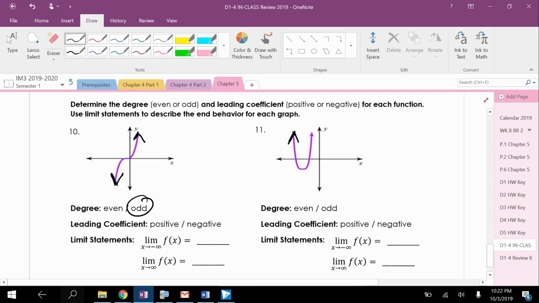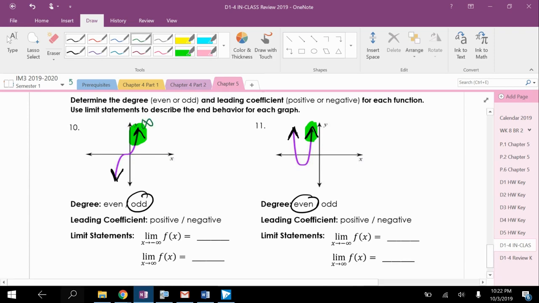This guy has the same arrows, so it's even. Now, leading coefficient depends on the last arrow. So these arrows right here are going to tell us what our leading coefficient is. So this guy is going to positive infinity, so it's positive. This guy is also going to positive infinity, so it's also positive.